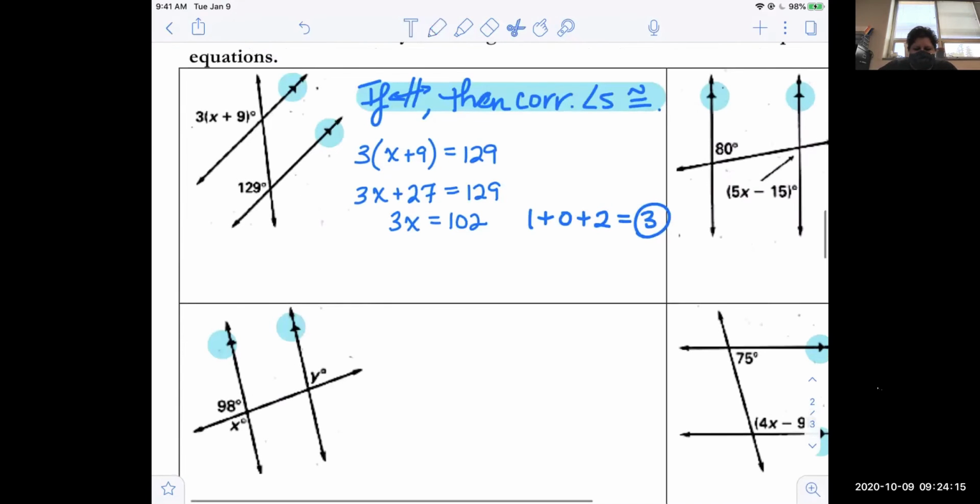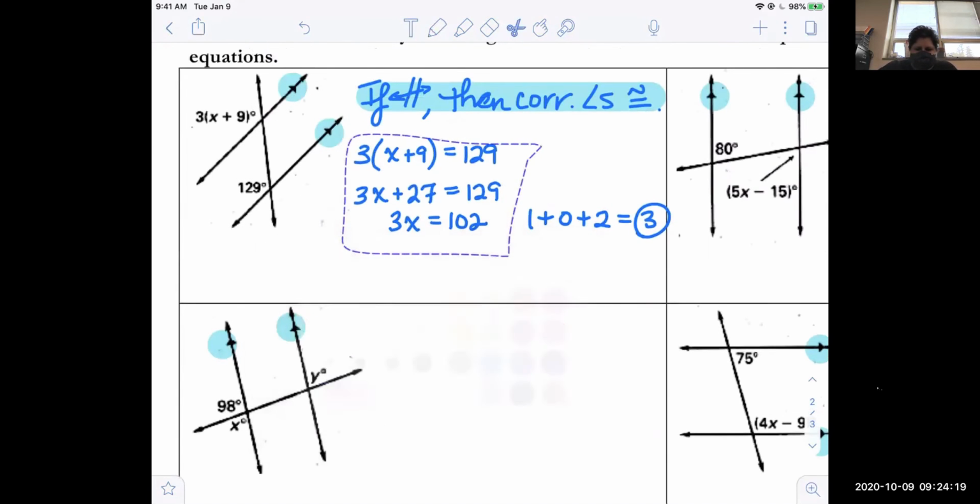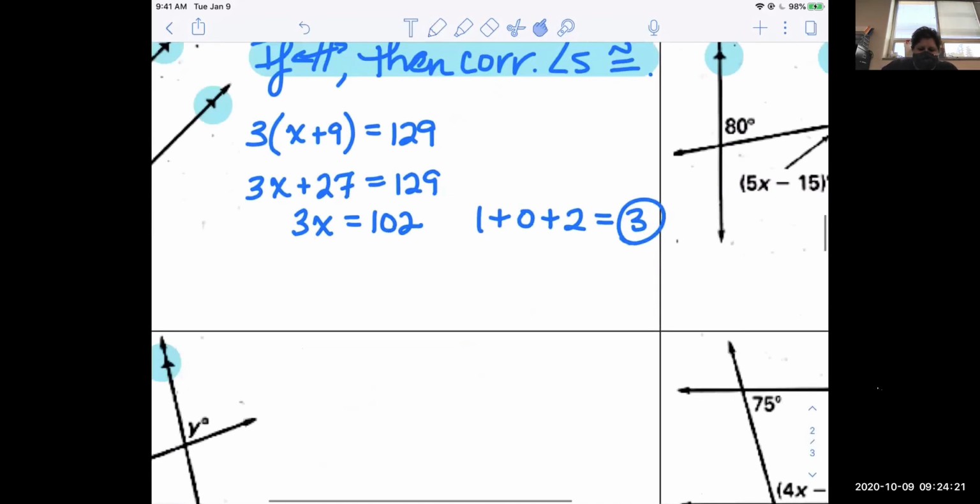So that's a helpful thing to be able to quickly check whether you should expect your answer to divide evenly or not. Because 1 plus 0 plus 2 adds to 3, if the sum of the digits is a multiple of 3, the number itself is a multiple of 3. So it should go in evenly. It'll go in, let's see, 34.